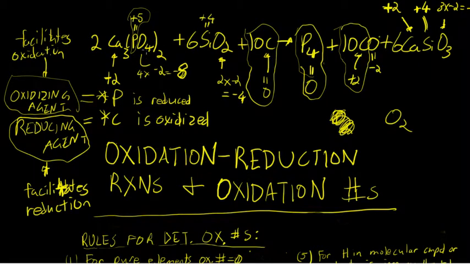Another way of thinking about this is just to realize that this oxidation state, you can think of it loosely as a charge. So this phosphorus, I'm using the term charge in quotes, let's say it's going from a +5 charge to a 0 charge. Well, it would have had to gain electrons to do that, right? Because it's bound to oxygen, and oxygen's really hogging its electrons. Remember, oxygen's very electronegative, and phosphorus is less electronegative than oxygen.